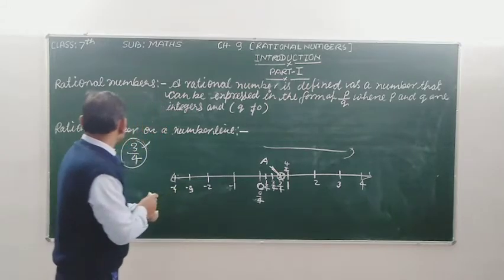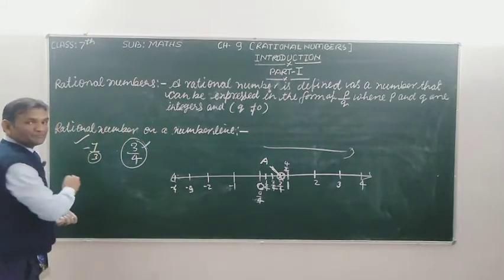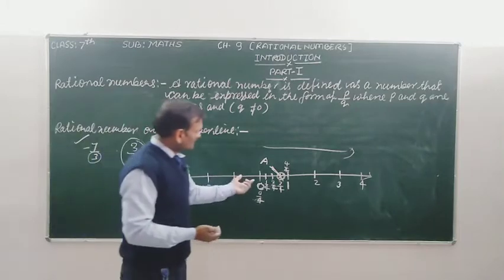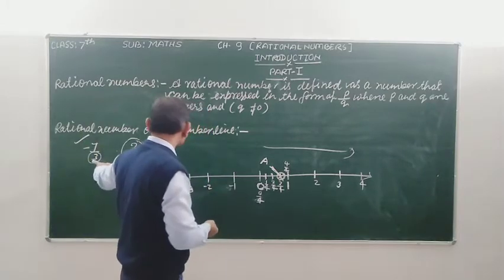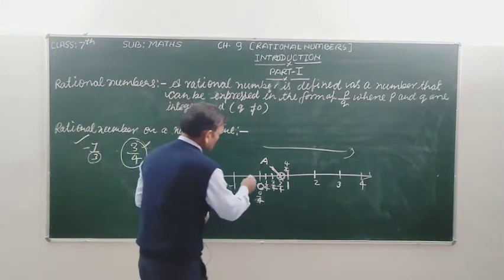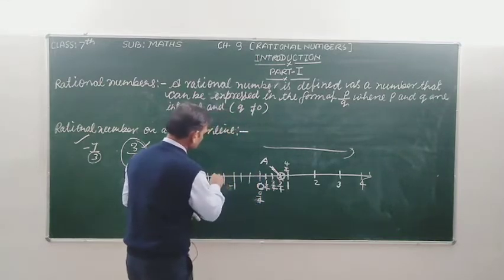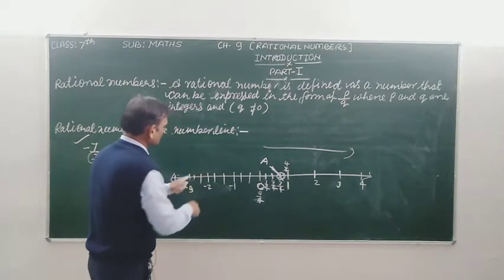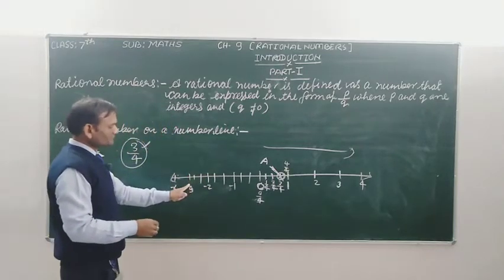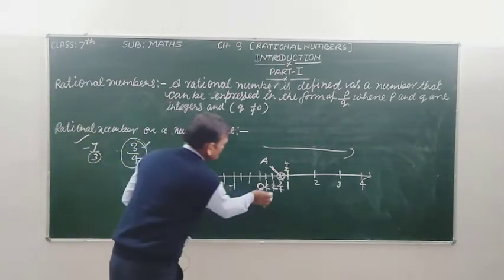So this rational number has the denominator 3, so we have to divide the distance between two units into 3 equal parts. So I am dividing 1, 2, and 3, like this.